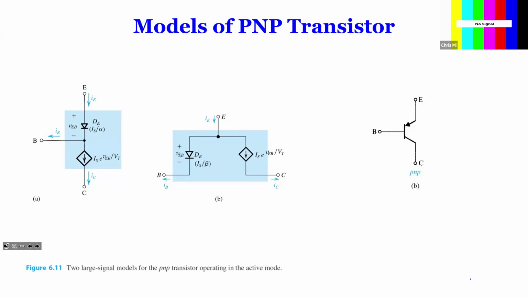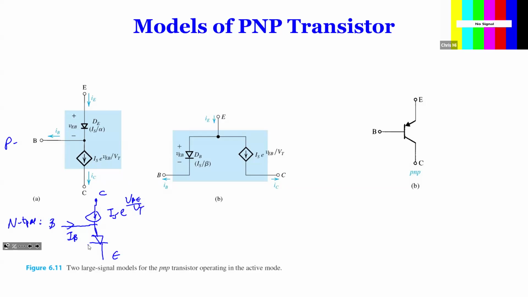Right? So maybe I should draw the NPN type just for comparison. C, B, and E. So this is N type.